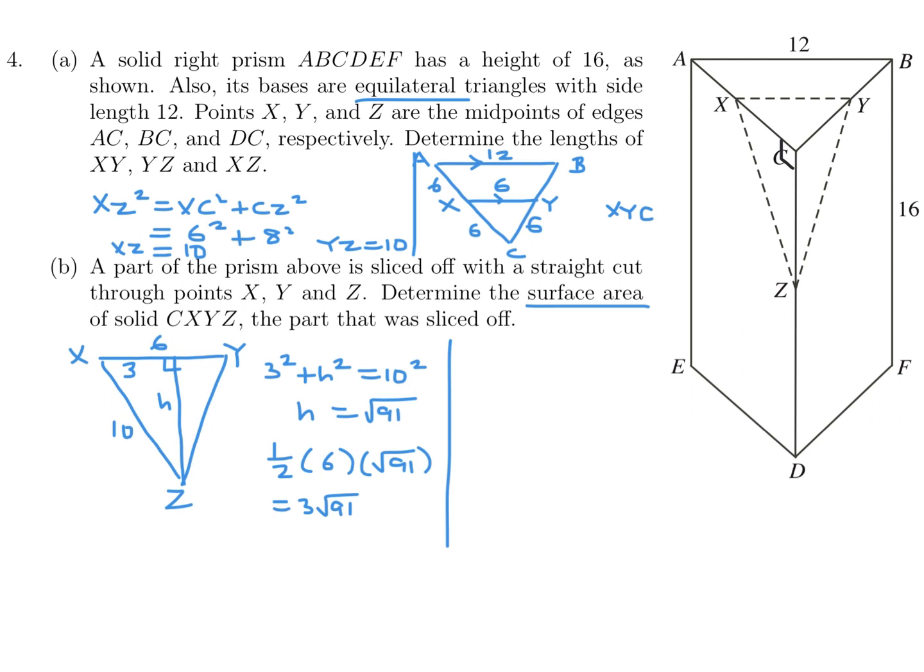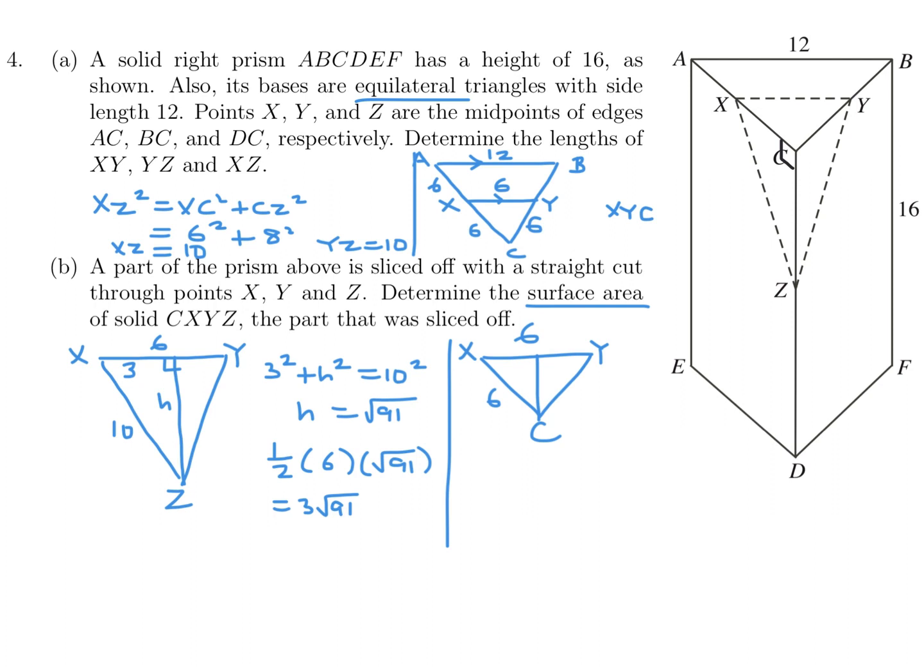Yeah, 4 triangles. The next triangle I can do, it doesn't really matter which way I go, is XYC. X to Y is 6, and XC is 6, I believe.